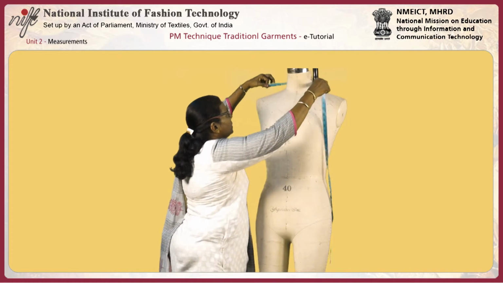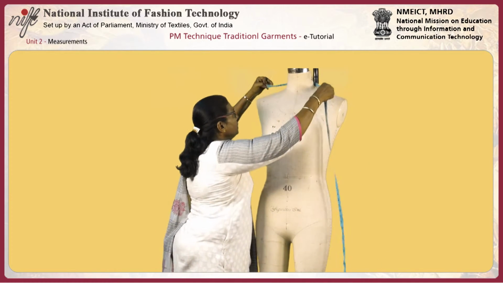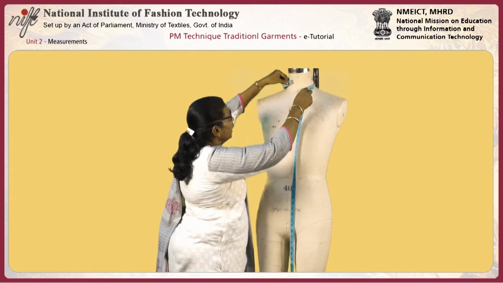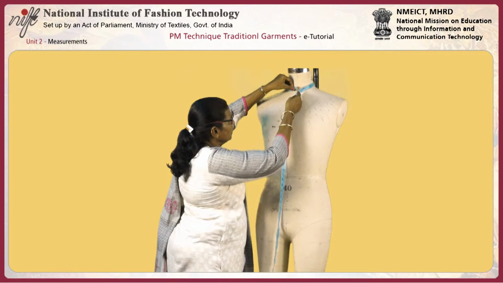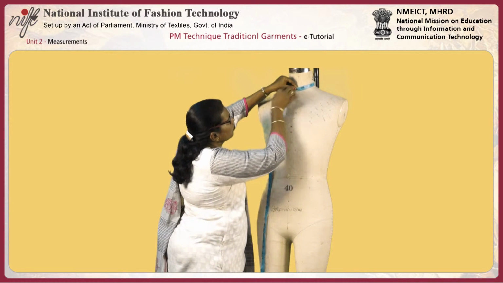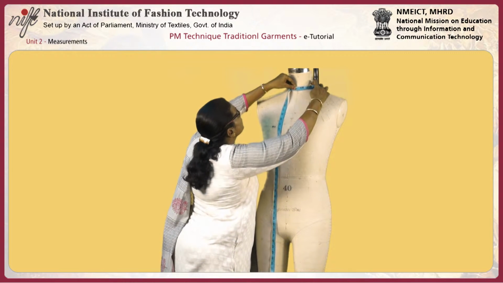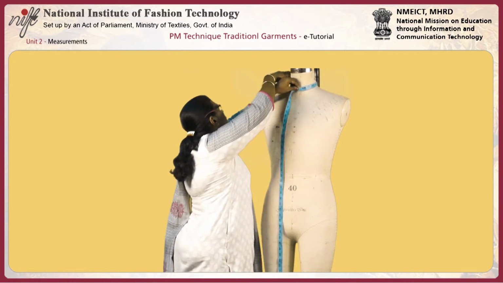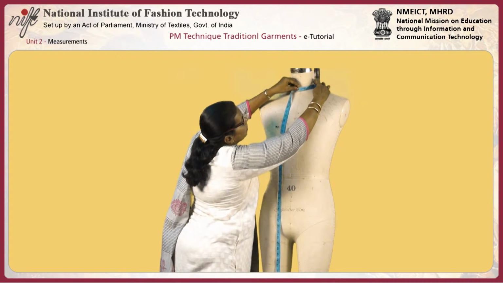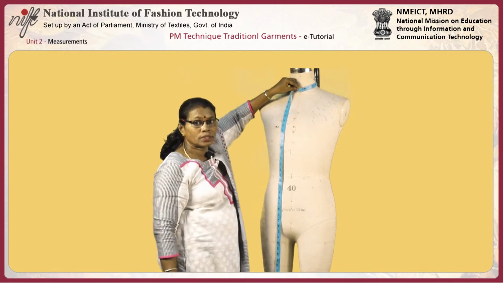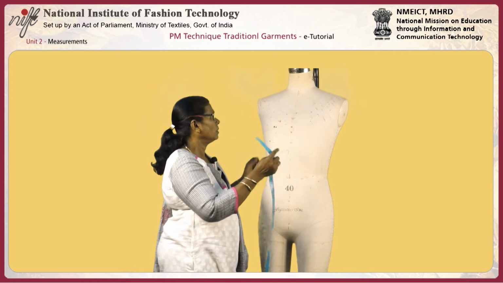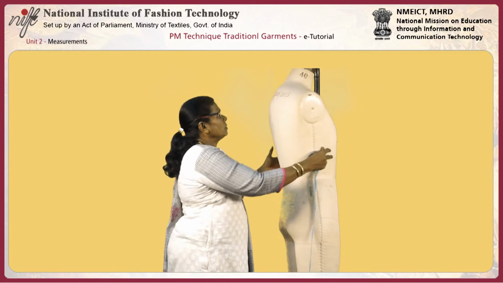Neck circumference. Take measurements around the neck base with one finger ease, called neck circumference. Across shoulder.